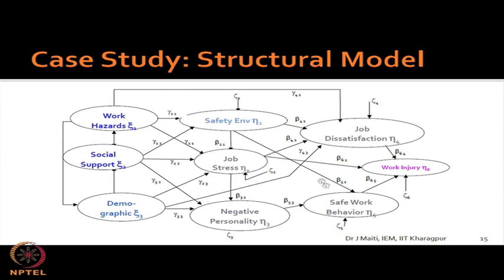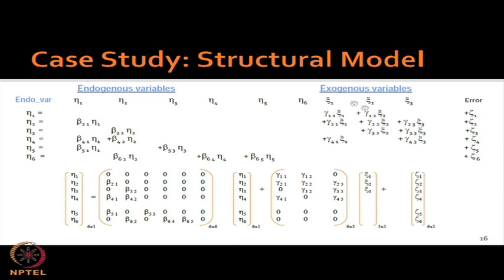You take your own case and then develop something similar to this. You can use software like SPSS, AMOS, or LISREL. There are other software available where this structural model or path model can be analyzed. Okay. Now, let us see what happened next.